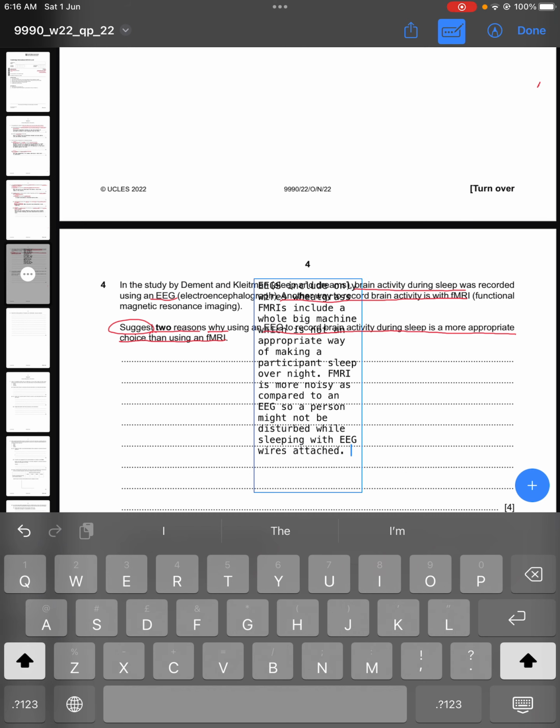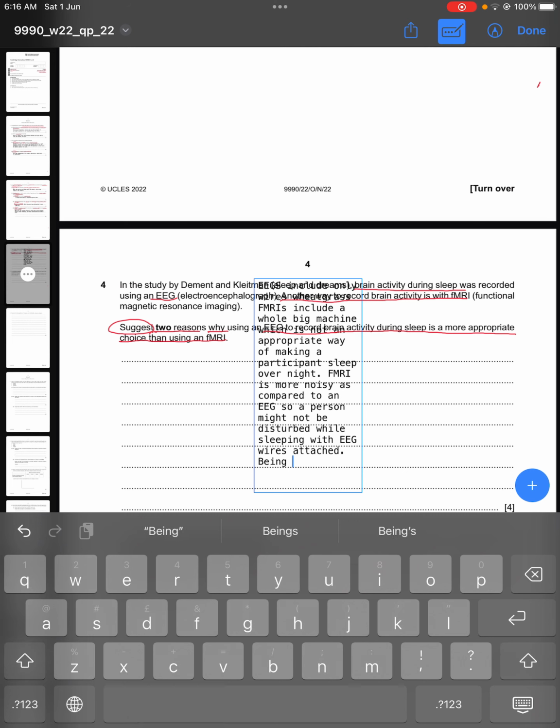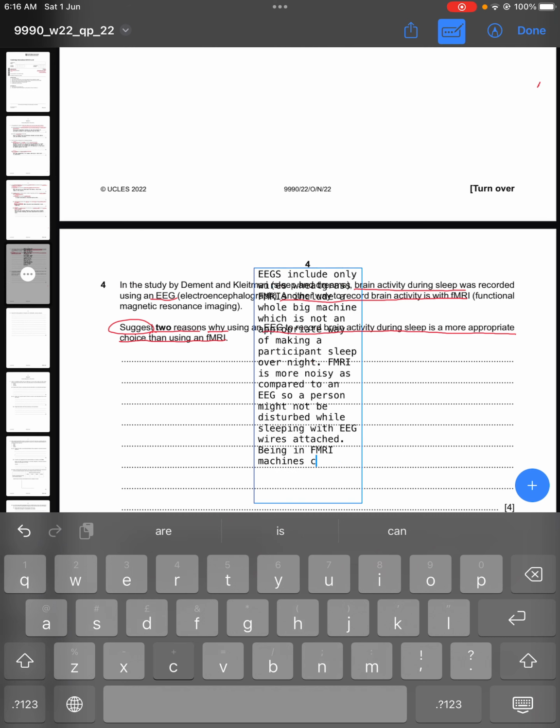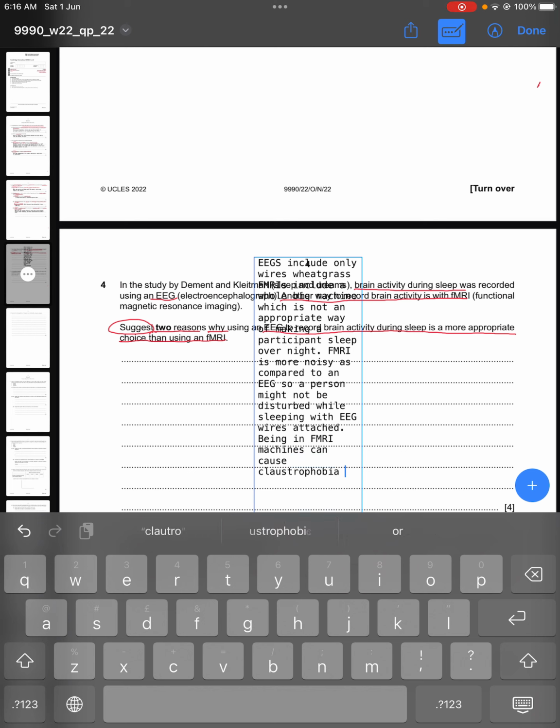There can be a second, and that is that being in fMRI machines can cause claustrophobia.